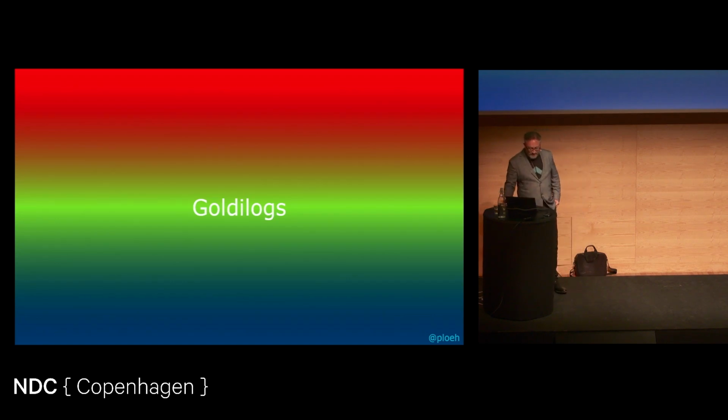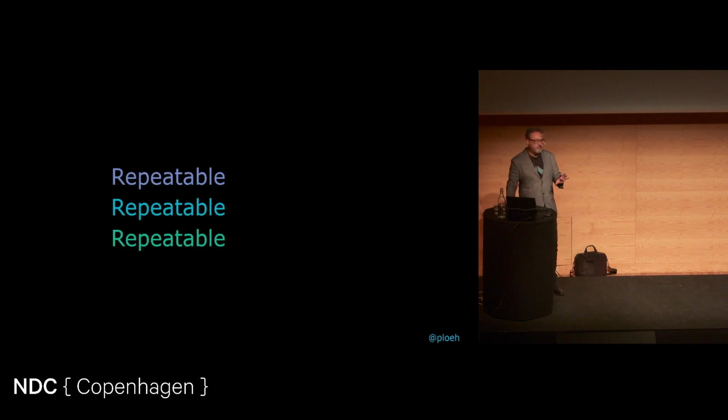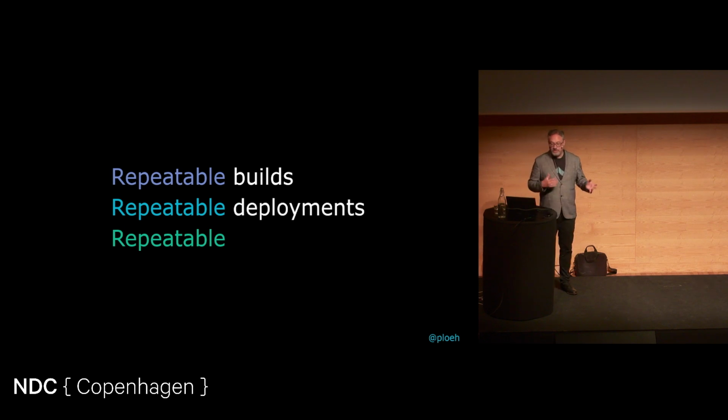Okay, so what does that actually mean? We need to figure out what Goldilogging is. So what to log? The key lies in repeatability. This is a theme that we've seen in software development for the last few decades: repeatable builds are interesting, something that we actually want to strive for. Repeatable deployments are another thing we might want to strive for.